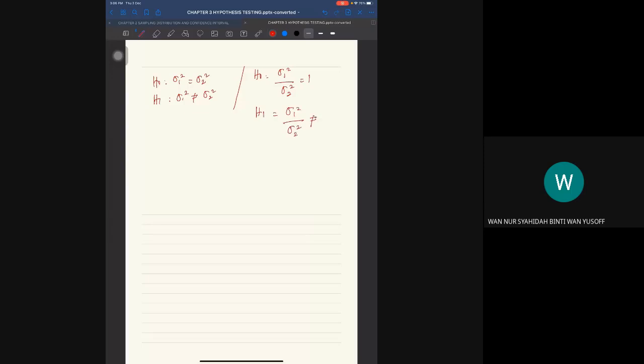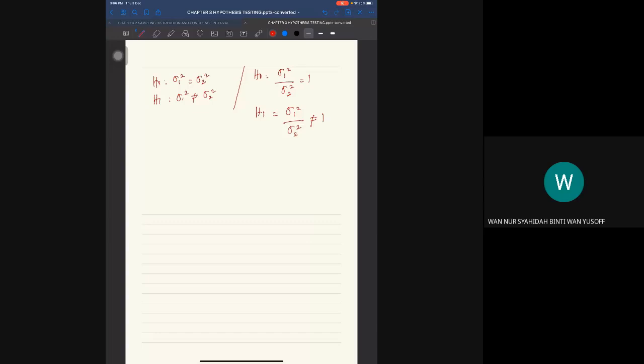When we write in the form of the ratio, automatically the right hand side is 1. It cannot be 0. If 0, then 0 times the sigma squared here will be 0. So right hand side is automatically 1.